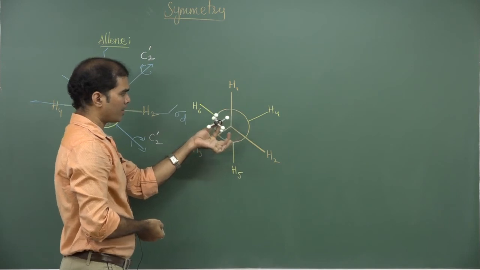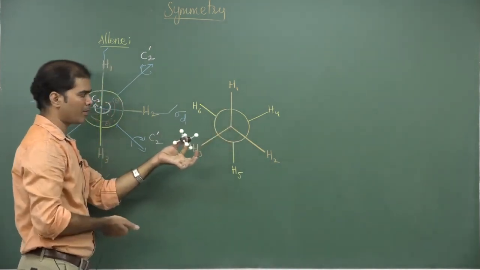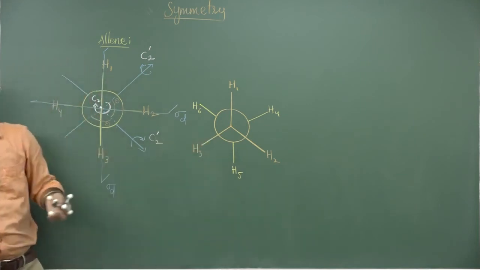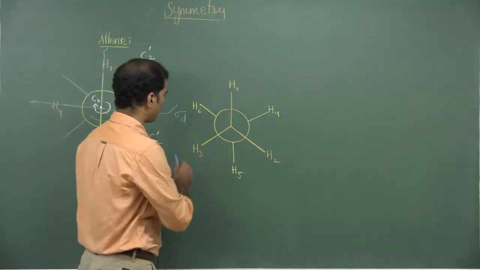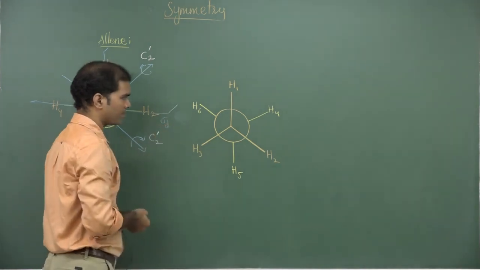For all such molecules, there will be some groove, and from that groove, as I said, C2s will pass, and from the opposite corners sigma d will pass. So just by looking at the molecule, with the logic that I have told you, you can immediately identify where the C2 is present and where sigma d is present.